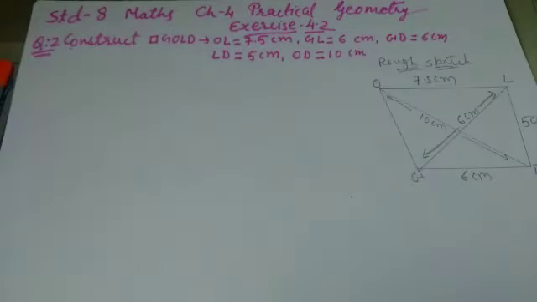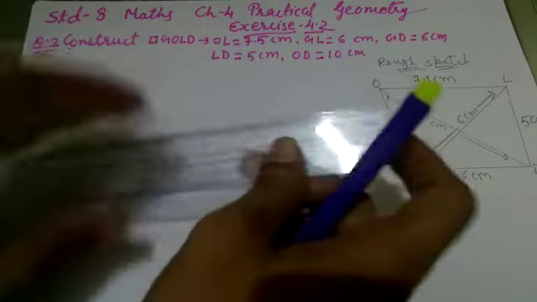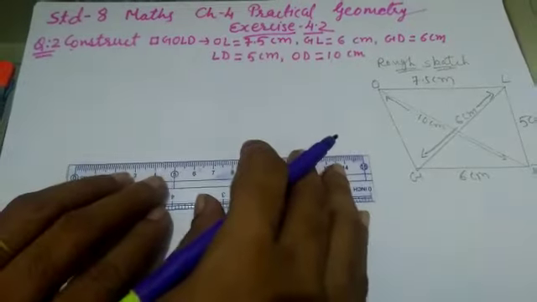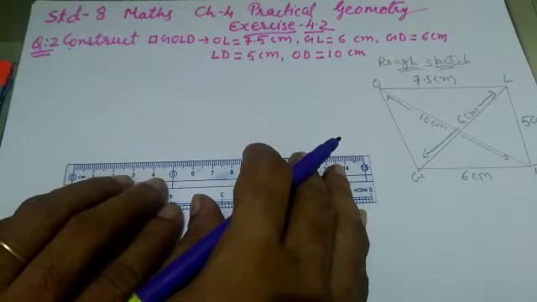So here we will take diagonal OD as a base. Okay, diagonal OD as a base we will take. So first of all, let's draw diagonal OD, which is 10 centimeter. Let's start to construct the quadrilateral.